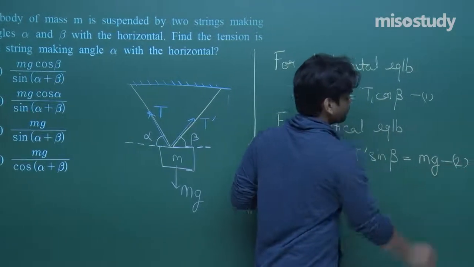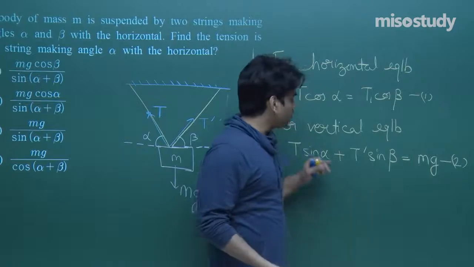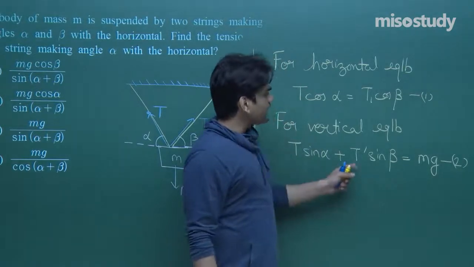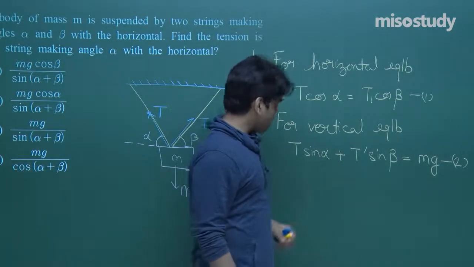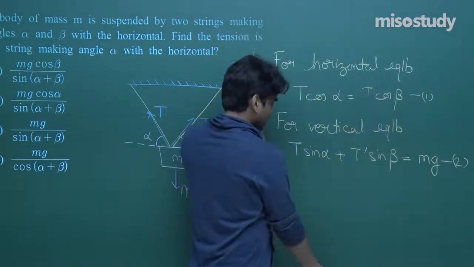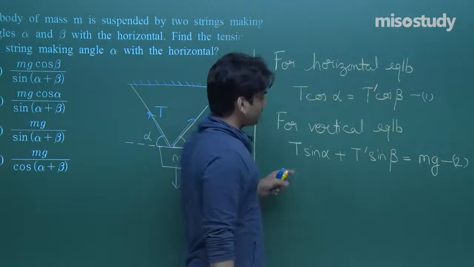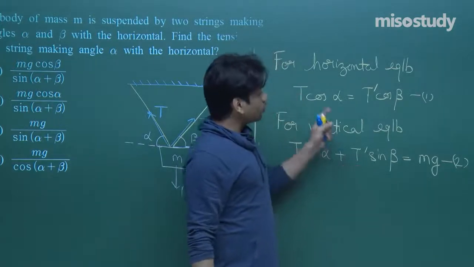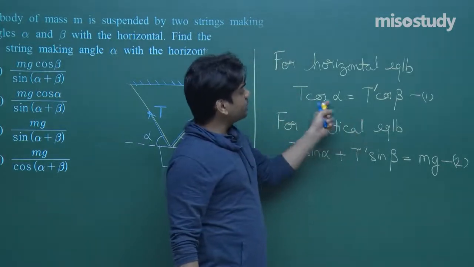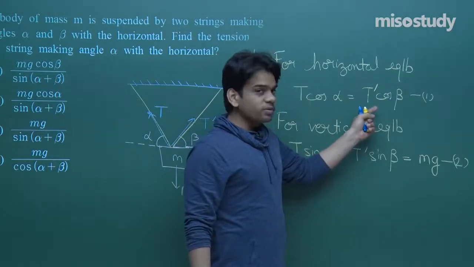Equation number 2. 2 equations, 2 unknowns, easily we can find one of the unknowns, that is T dash. I have written T1 here, but that is actually T dash, so it's T dash, not T1. Sorry. Now T dash will be T cos alpha by cos beta, substituting from equation number 1.